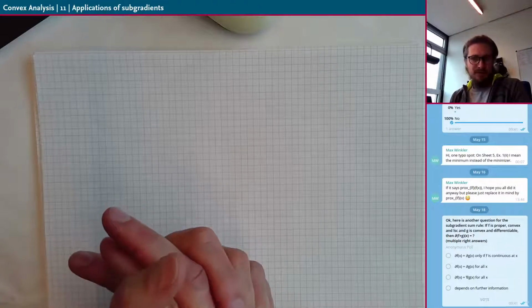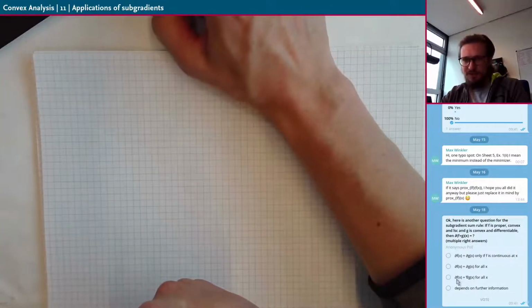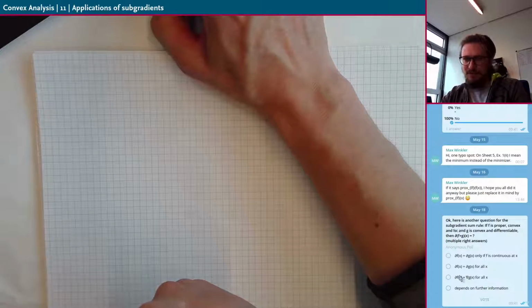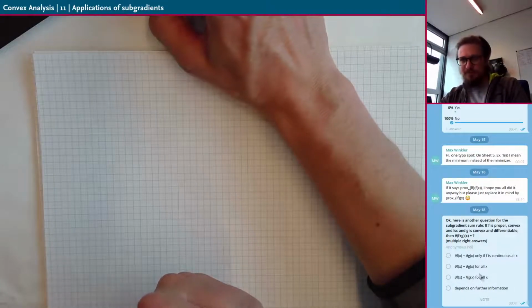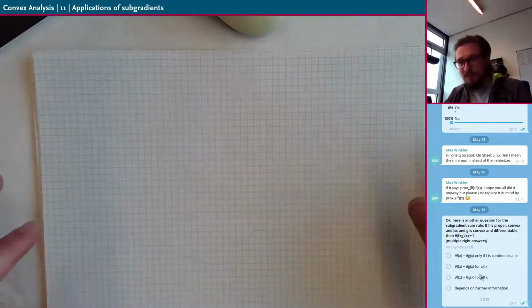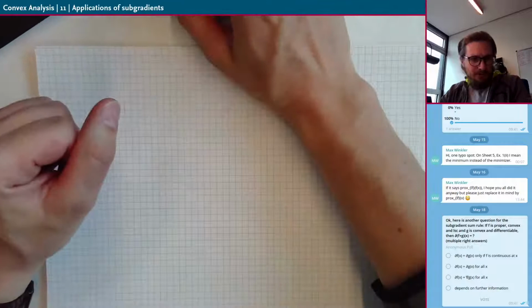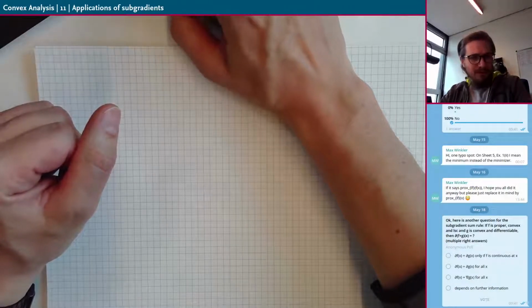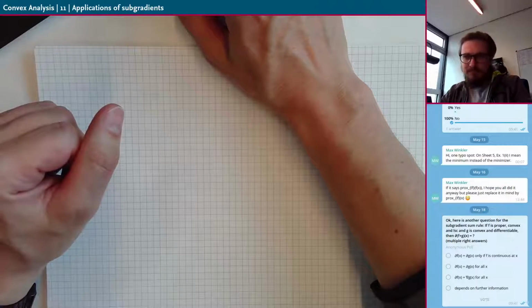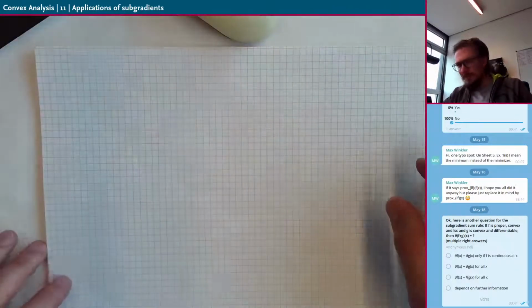It even holds as subgradient plus gradient, and this notation means that the gradient is a singleton set, so you add this element to all elements of the subdifferential. Or the answer may be that it depends on further information. Actually there's more than one correct answer. Maybe just think about it for some time, and I will answer it later.